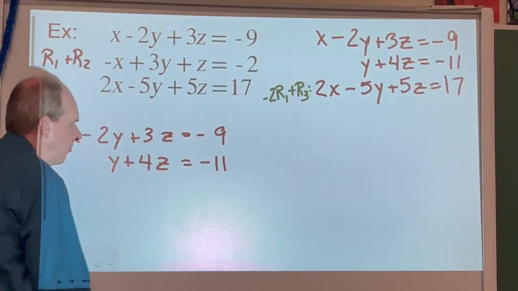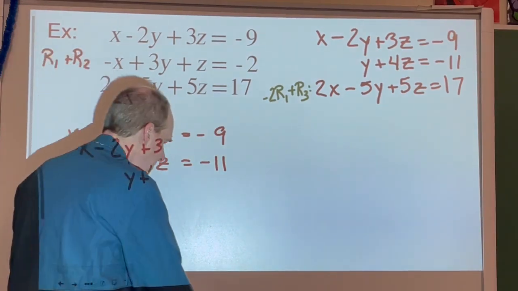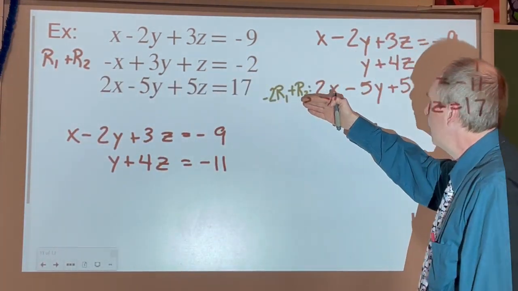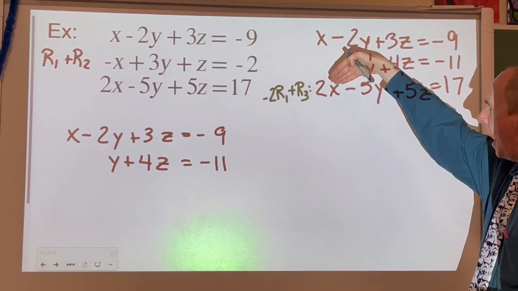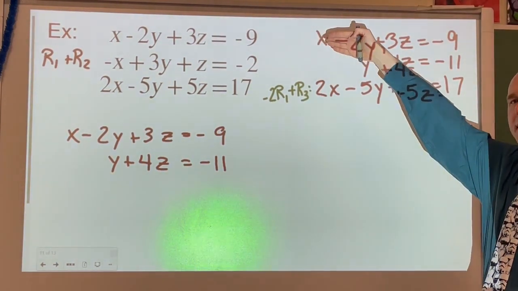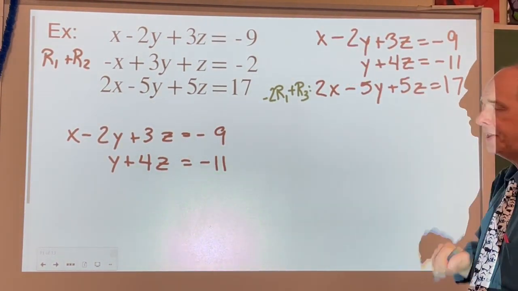Third row is changing dramatically. Let's take -2 times x, add it to 2x. -2 times x would be -2x, plus 2x would make 0.